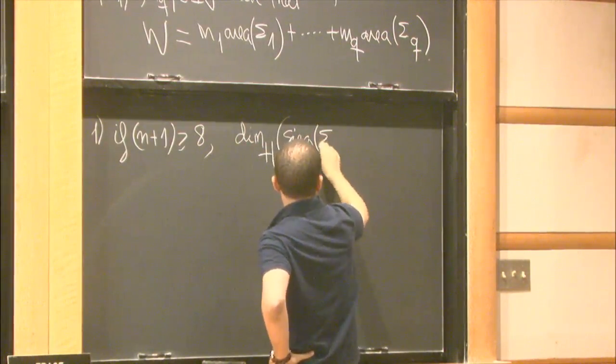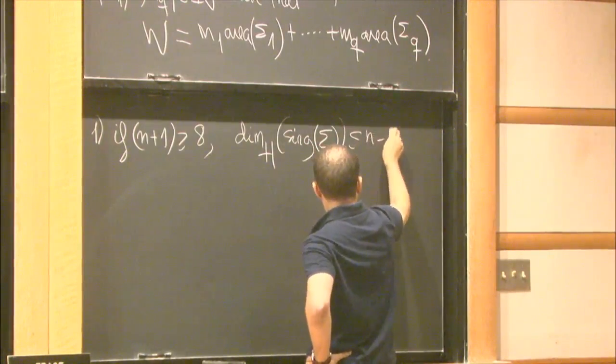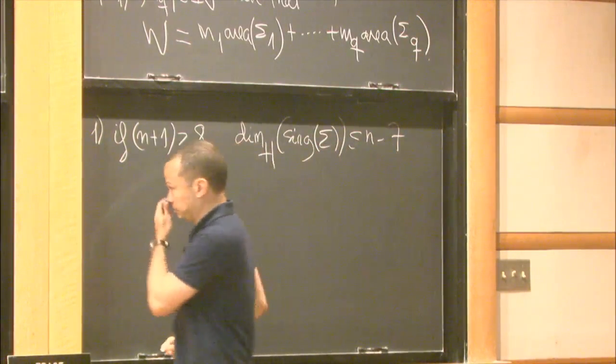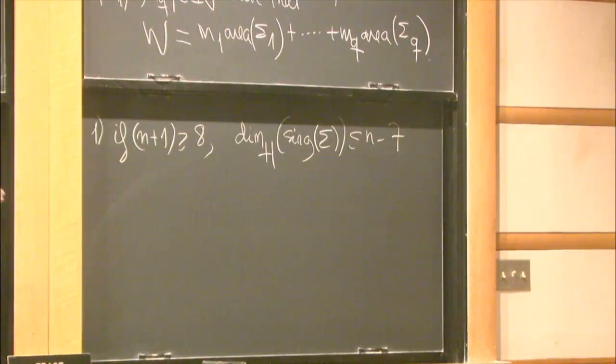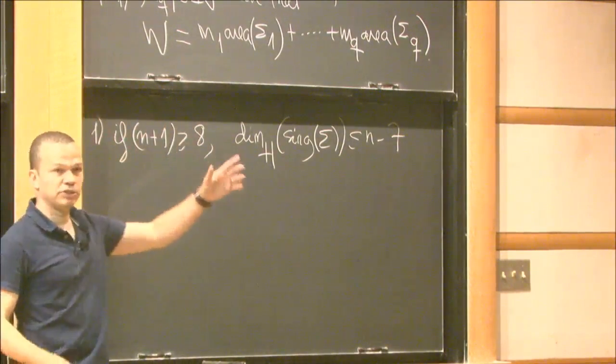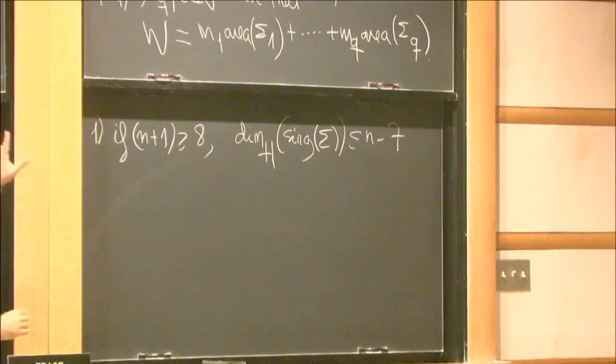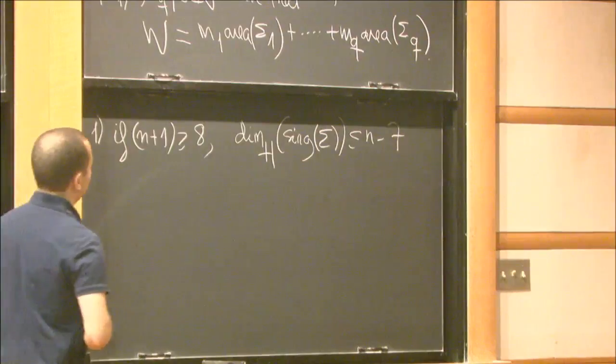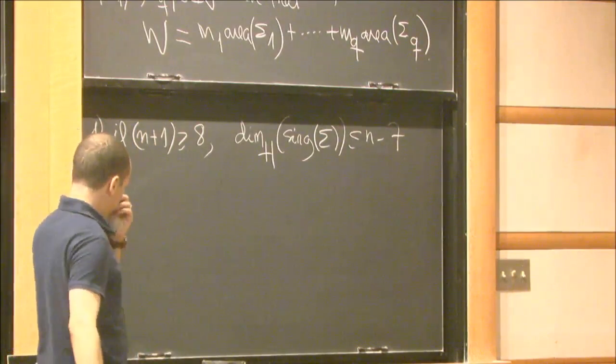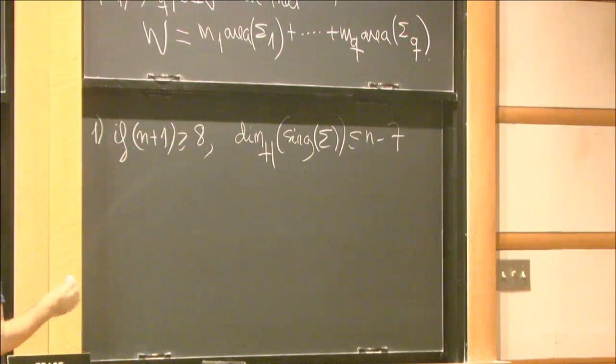In this case, it's going to be at most n minus 7. And for the purposes of this talk, I'll restrict to those dimensions, because some results hold in those dimensions and we don't know yet about higher, and some results do hold in all dimensions. But let's stick with that case, because then we're sure that the surfaces will be smooth.